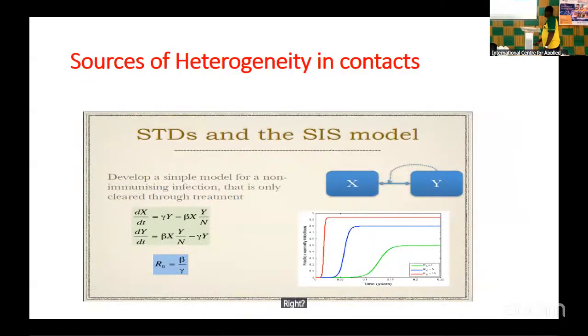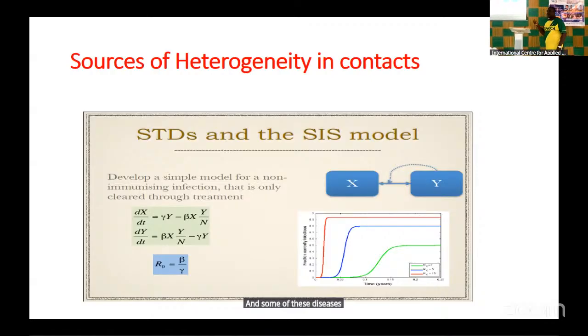And then the STDs and the SIS model: develop a simple model for a non-immunizing infection that only clears through treatment. If somebody has some of these diseases we are talking about, you cannot depend on natural immunity. If you are not treated, you can't recover, and even your recovery takes you back to susceptible.